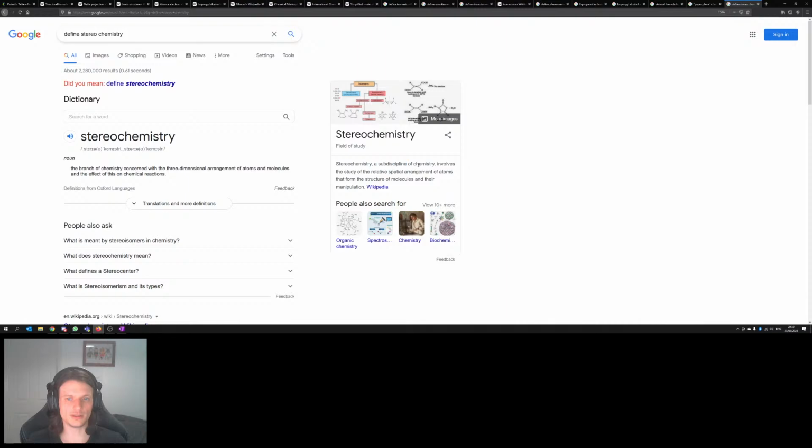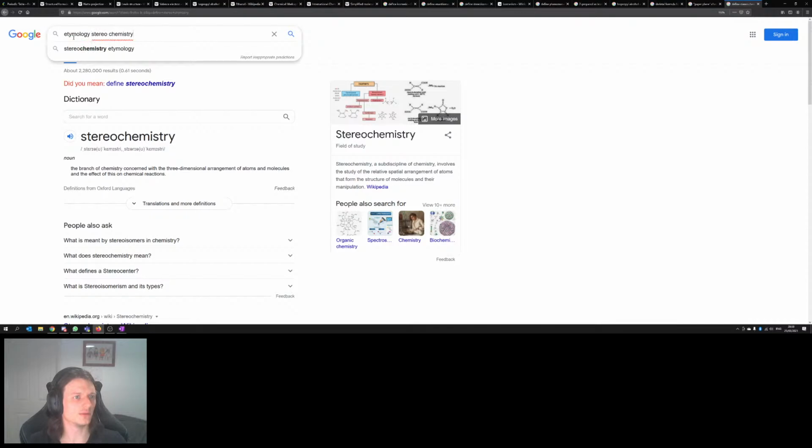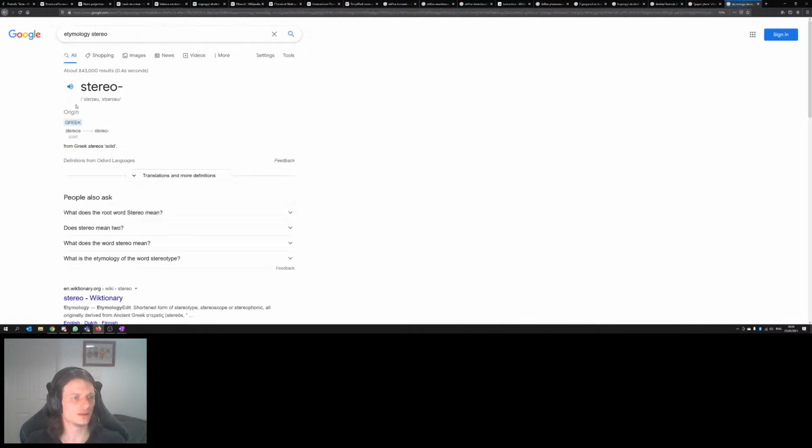Stereochemistry, a subdiscipline of chemistry, involves the study of the relative spatial arrangement of atoms that form the structure of molecules and their manipulation. And yet, I think the etymology was quite helpful for this as well. Solid, yes. Stereos, solid.